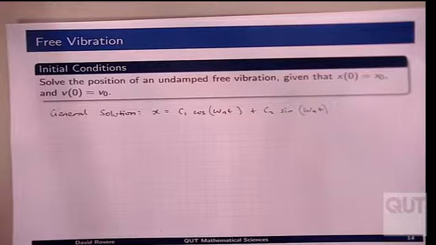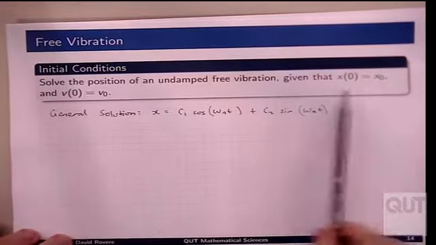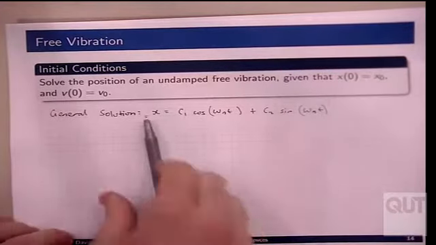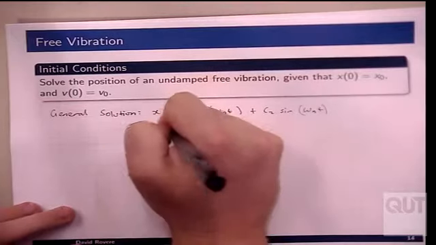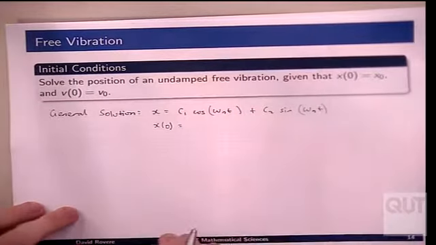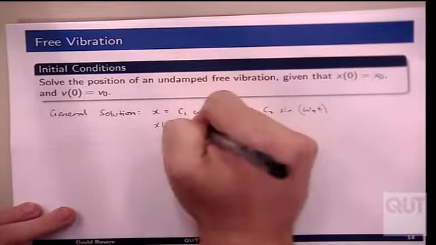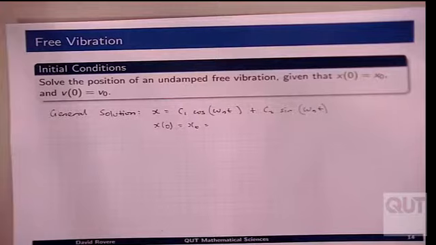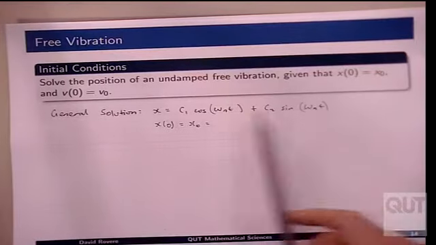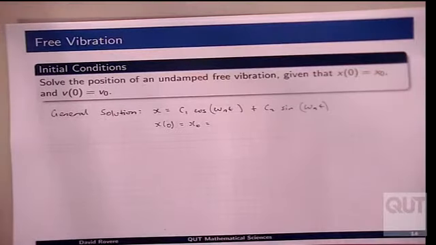Now, the first initial condition I can apply straight away because I already have an equation for x. So my first initial condition states that the initial value for x is x naught. And to evaluate x at t equals 0, I substitute t equals 0 into my function for x. All right?